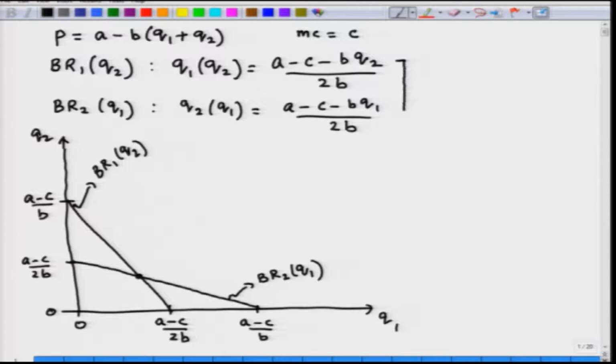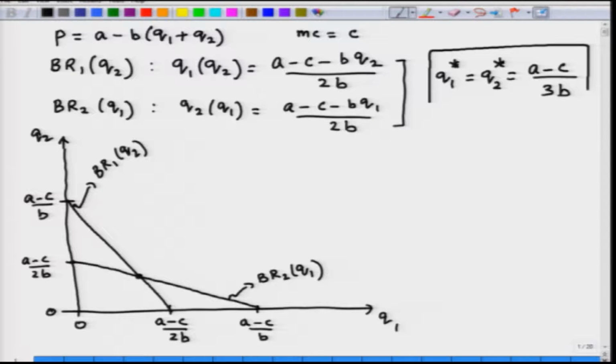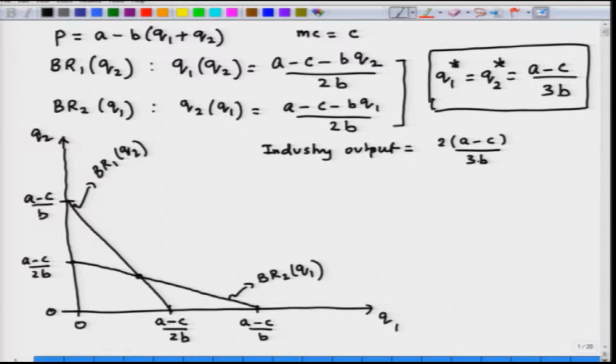We solved for the Nash equilibrium outputs, and they were Q1 star equal to Q2 star equals A minus C divided by 3B. So the industry output is Q1 star plus Q2 star, which is 2 times A minus C divided by 3B.